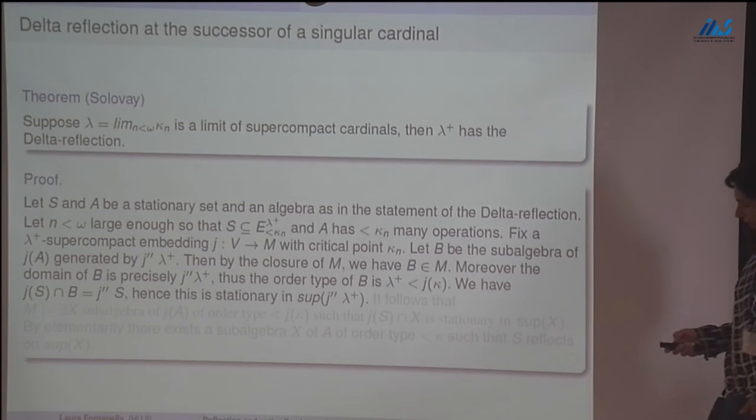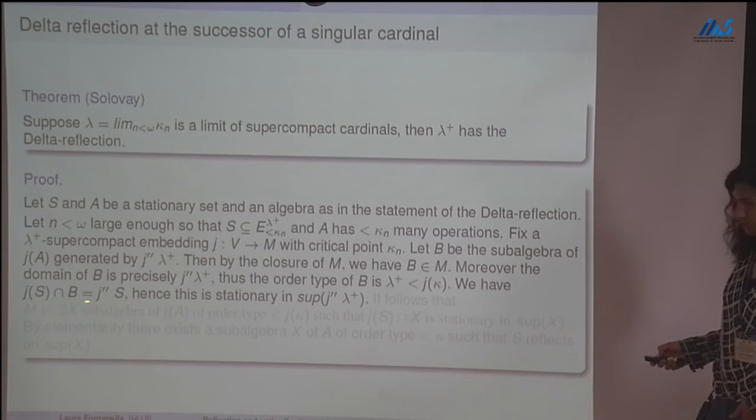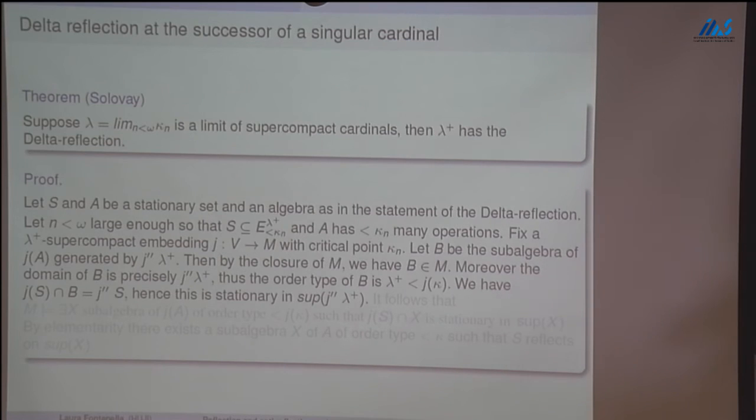Now we look at j of S intersection B. I claim that j of S, the big stationary set, reflects to this subalgebra, and in fact j of S intersection B corresponds to the pointwise image of S, and this is a stationary subset. It's easy to see that this is a stationary subset of the supremum of the pointwise image of lambda, so the supremum of B. So that means that M thinks that there exists a small subalgebra of j of A such that j of S reflects to this subalgebra.